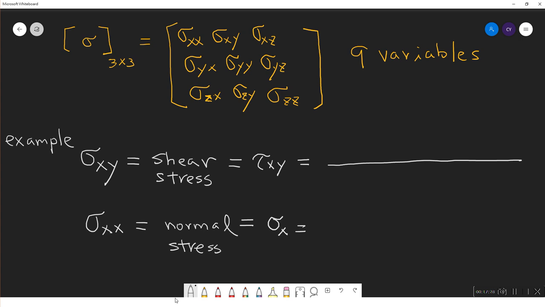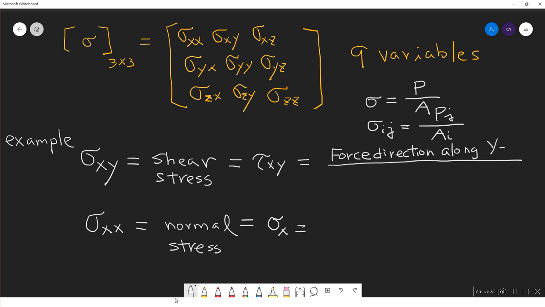The force, because we know always the sigma is equal to the force by area. So sigma ij is equal to pj over ai. The idea is the p, the force direction, is along the y axis.